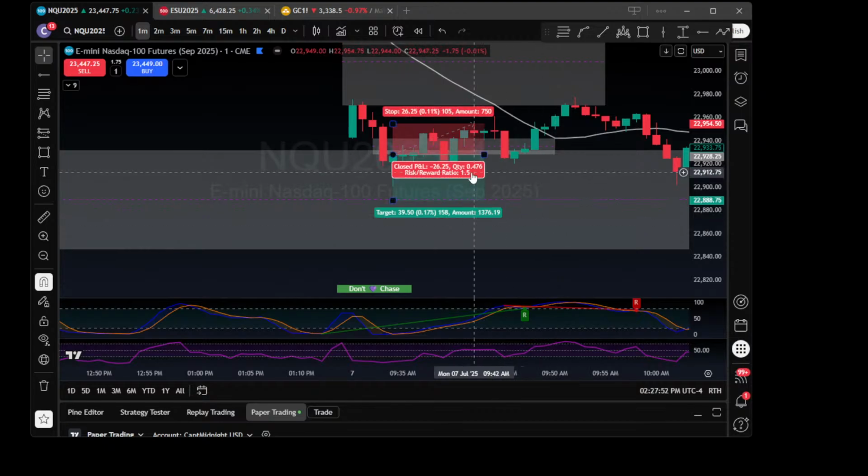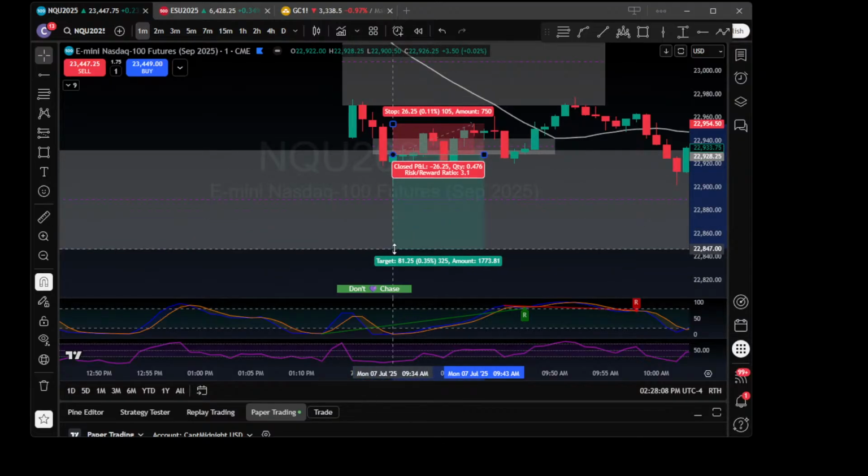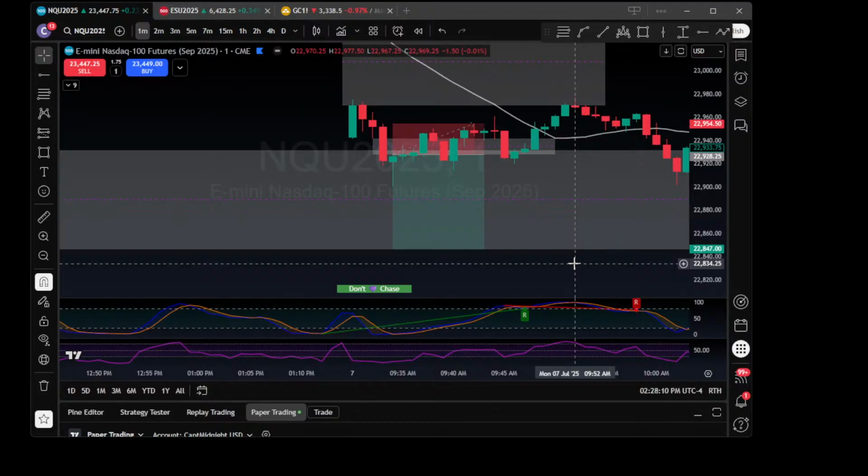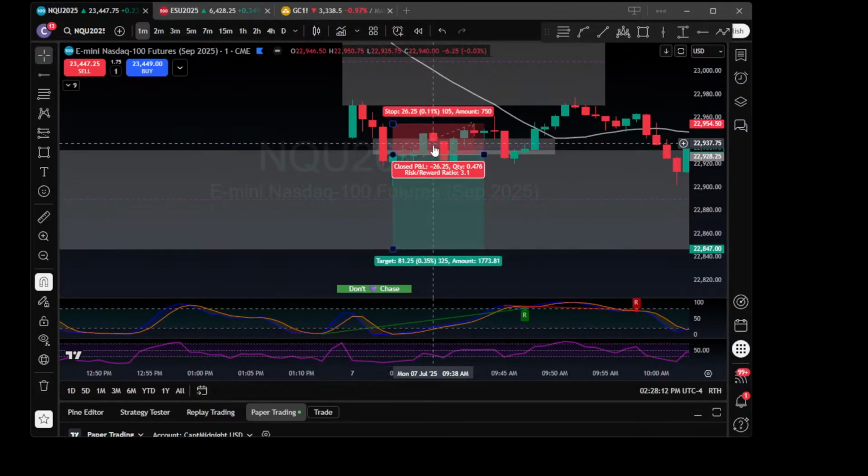That might have been no trade. That's not enough. There's not a target that gives you good risk reward. You can try to go all the way down there. Stuck in between two gaps.